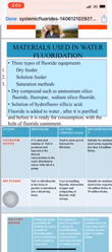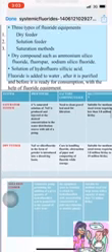Fluoride is added to the water after it is purified and before it is ready for consumption, with the help of fluoride equipment.